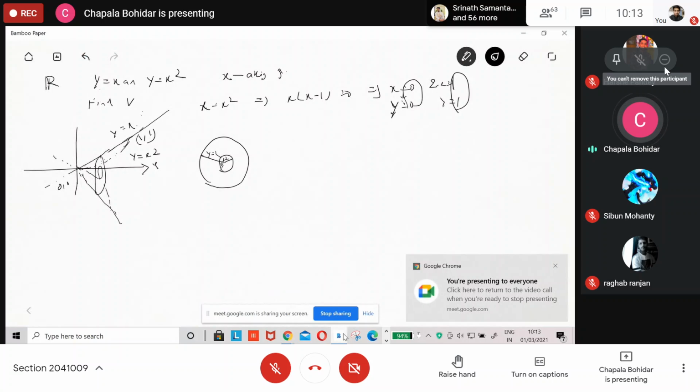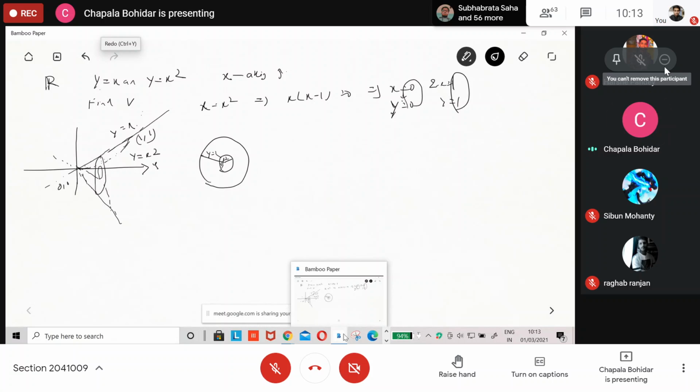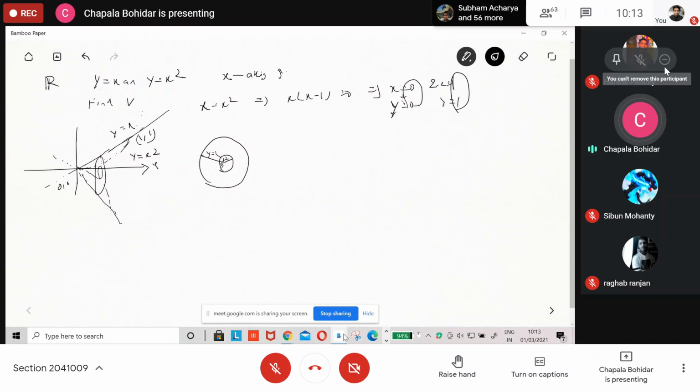So you have written a note that for the washer, to find the area of the bounded region, our bounded region is this one. What do you have to do?